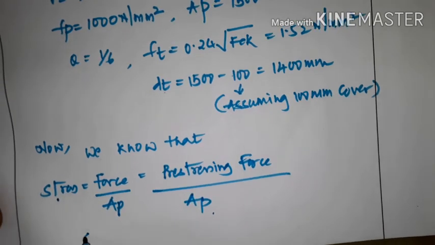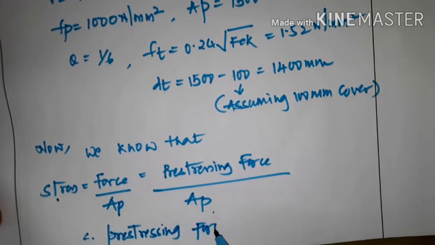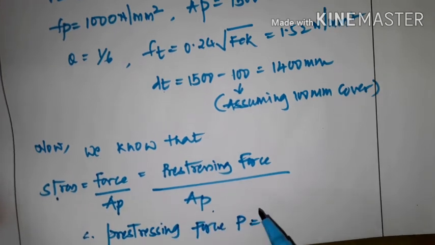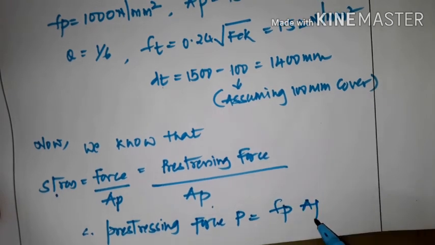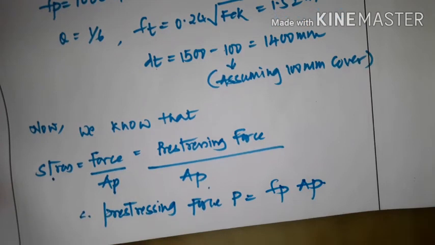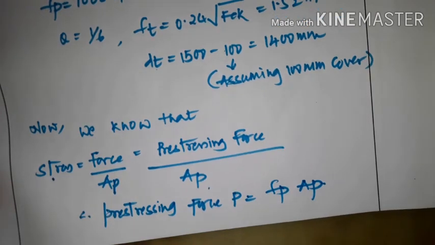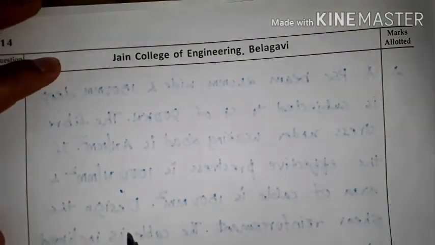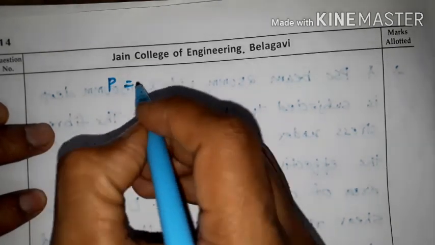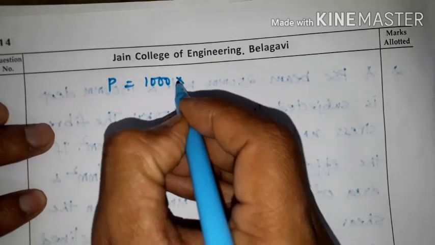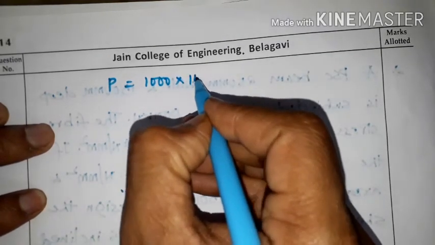Therefore, pre-stressing force P is equal to Fp into AP. Fp is given as 1000 and area of pre-stress is given as 1500.